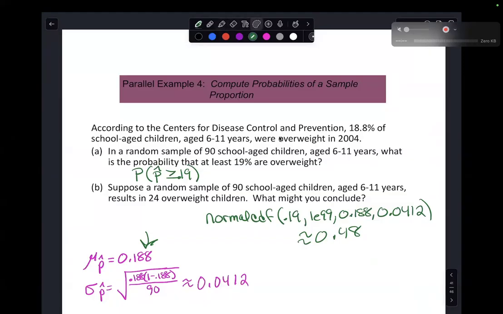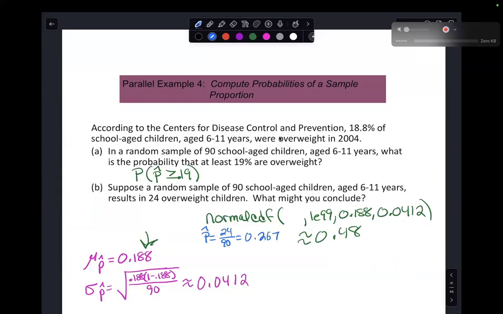So here I'm going to change this number right here. I'm going to get rid of that, and it's going to be a specific p hat. So my p hat, I'm going to calculate that as 24 divided by 90.